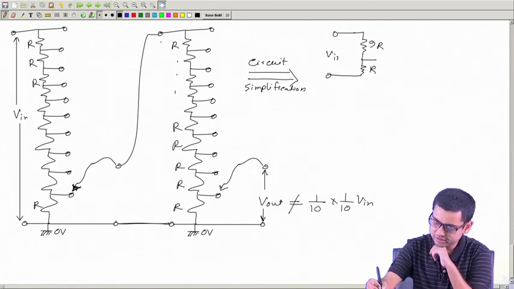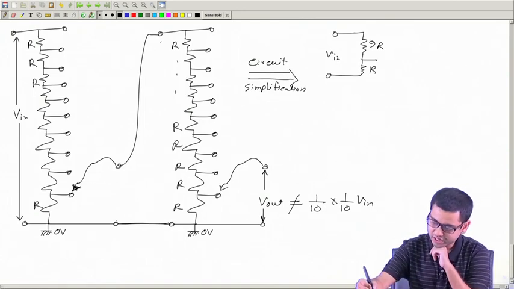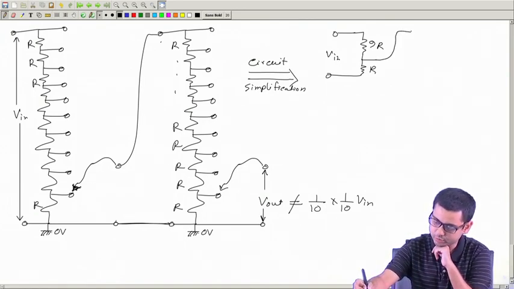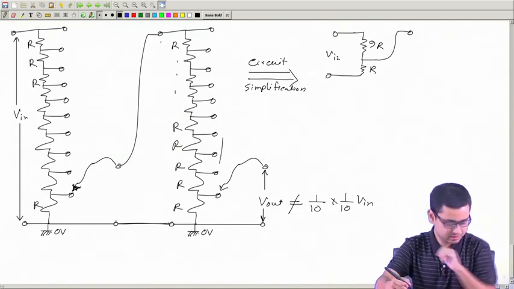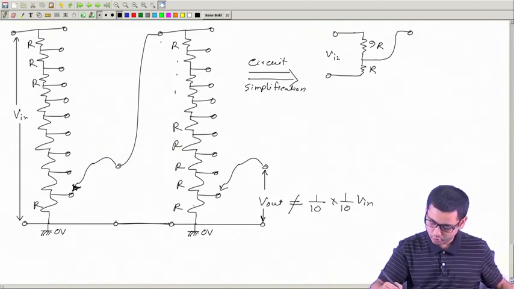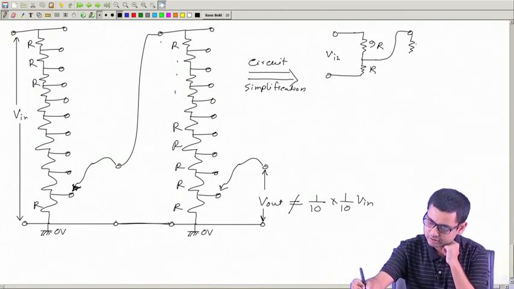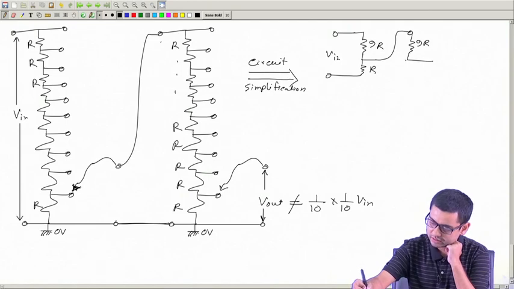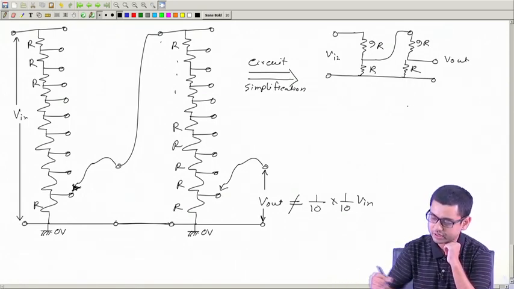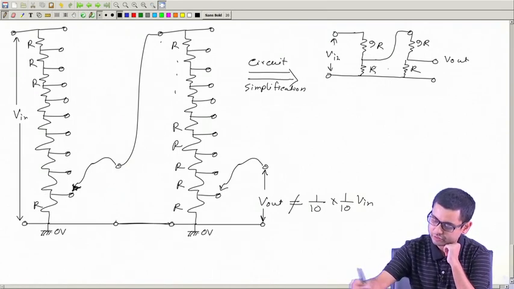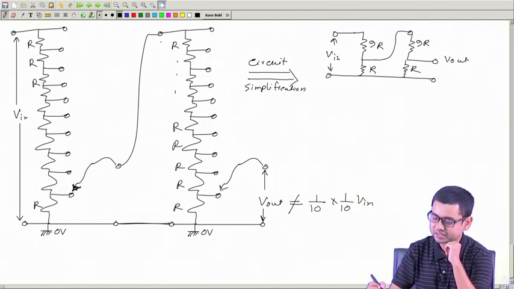This is V in, and from here I take the output to the input of the second stage. Again I have 9R here and 1R here. So, I write them like this, 9R and R. So, this is V out with respect to this point. This is V in and V out is between these two terminals.